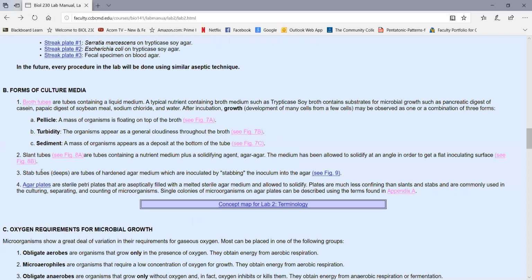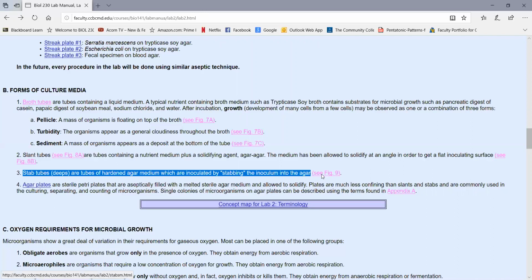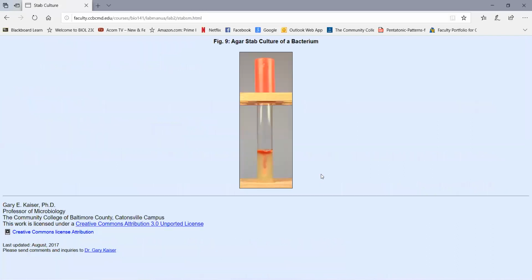The third form of culture medium is called a stab tube, sometimes called an agar deep. And these are tubes of hardened agar which have been allowed to solidify upright, so we inoculate the tube by stabbing the inoculum into the agar. And figure 9 shows you a stab tube that was inoculated.